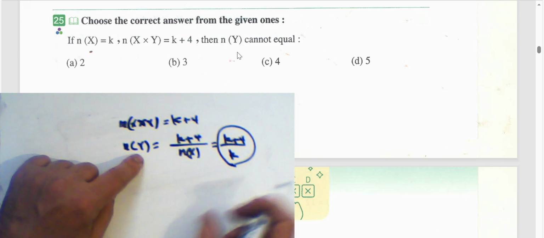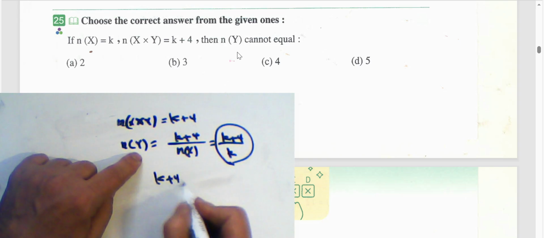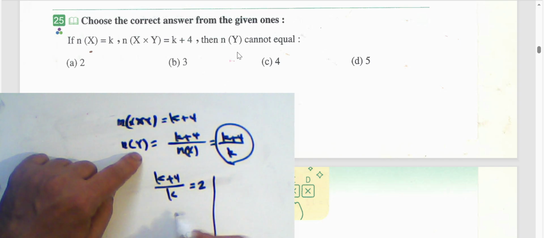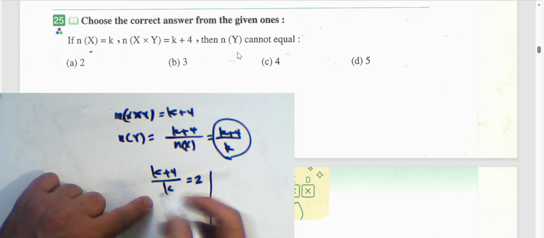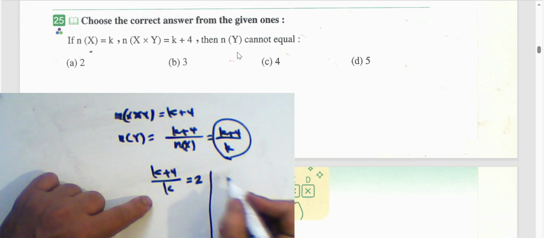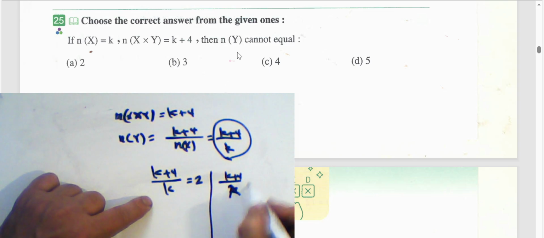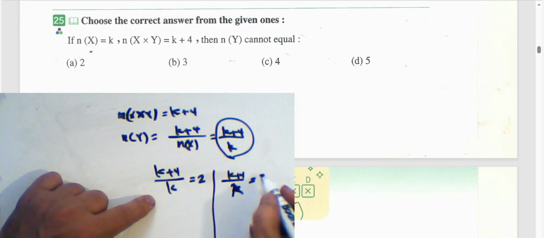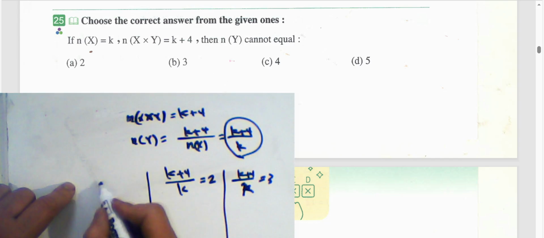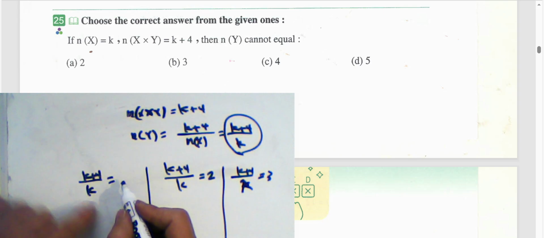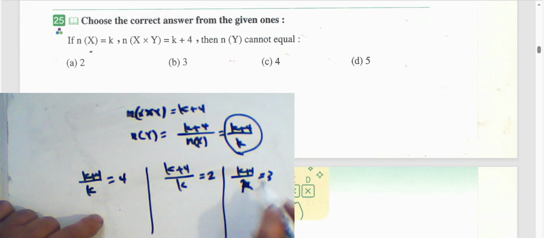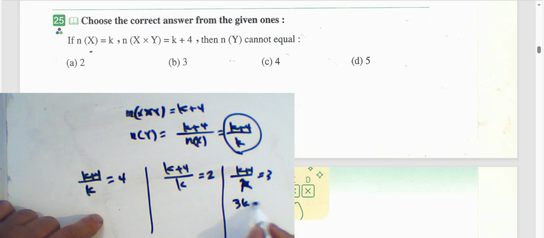Okay, listen to me. I will put the answer here: k plus 4 over k equal 2 first, and then show the value of k. If k is a whole number, it's correct. Not a whole number, not correct. I will put the answer here 3. Next, k plus 4 over k equal 4. 3 times k is 3k and k plus 4, then 2k will equal 4, then the value of k equals 2.